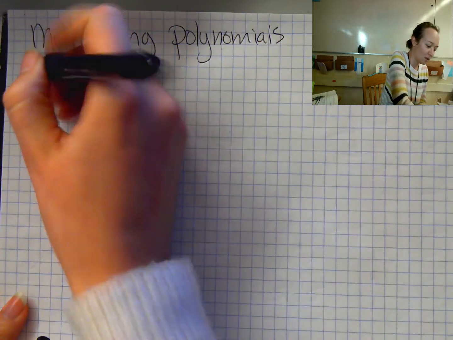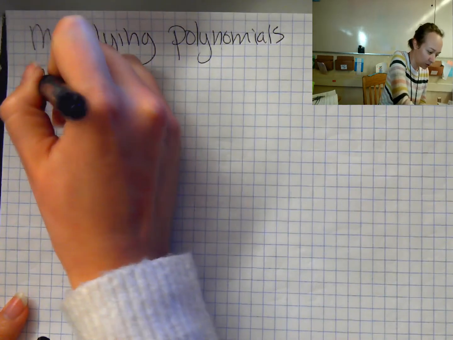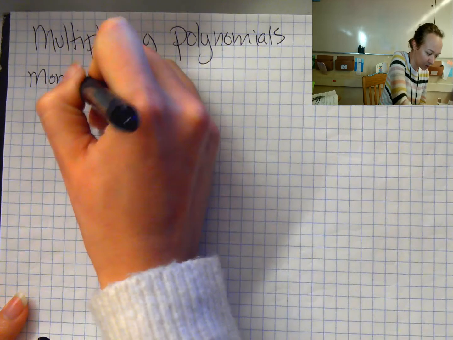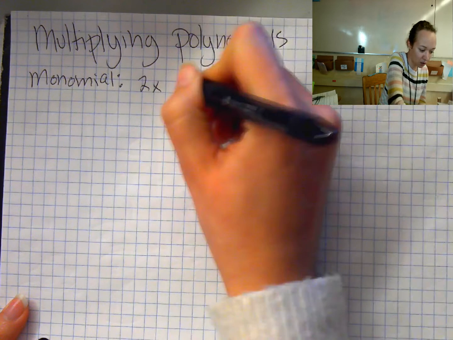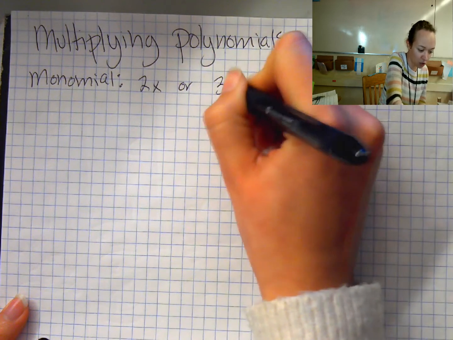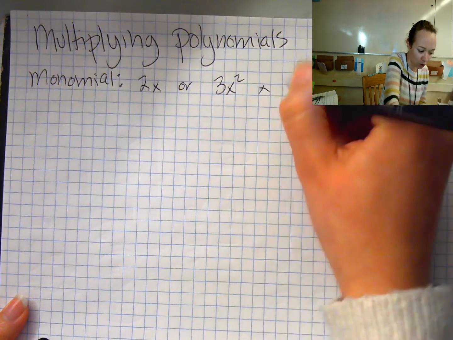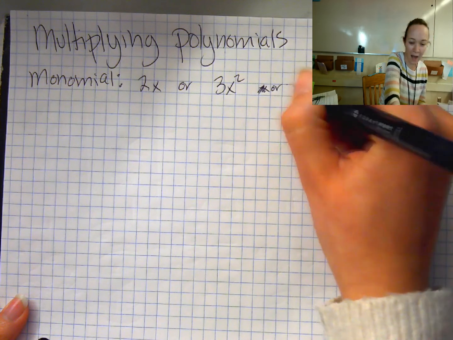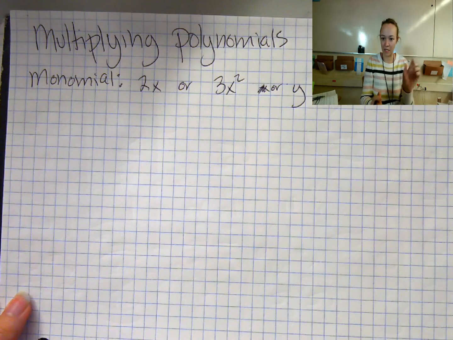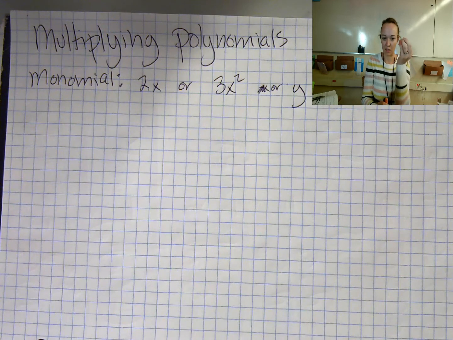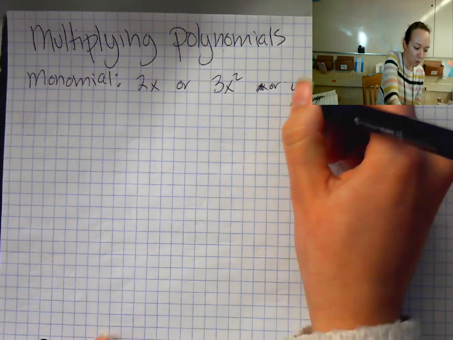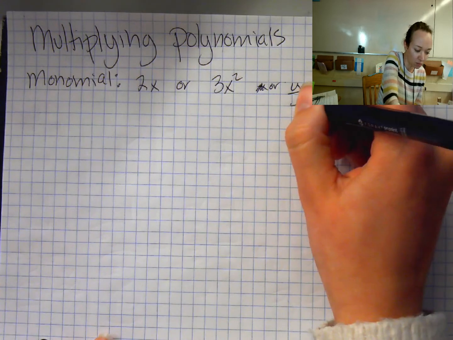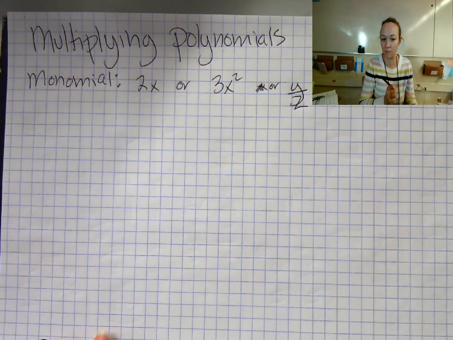So we have a monomial, which is just something like 2x or 3x squared or y. It's just whenever you have a single chunk of stuff that's related only by multiplication and division. So actually this could be like y over 2, for example.